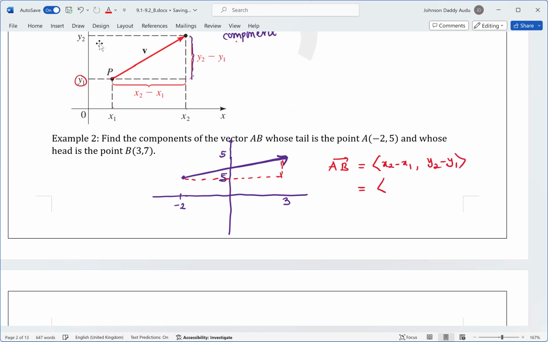So x2 is 3, so 3 minus minus 2, comma, and y2 is 7 here, so this is going to be 7 minus 5. And the vector is simply going to be 5 and 2, right? Is it 5 and 2? Yep.